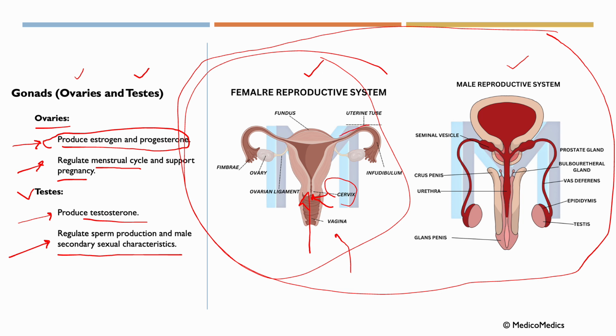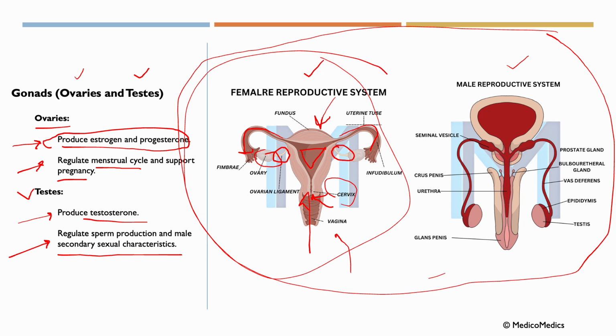Furthermore, we have the fallopian tubes. We have the ovaries, the ovarian ligament. We have the fundus. And we have a lot more structures here, like the endometrium, and of course the uterus itself.